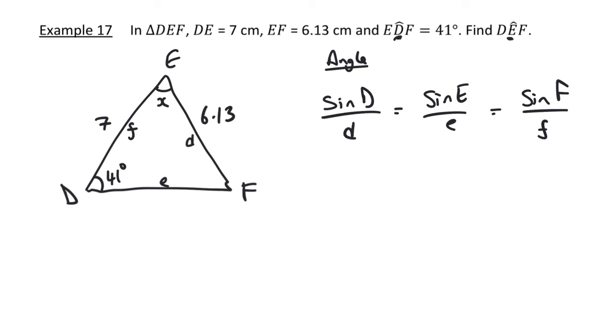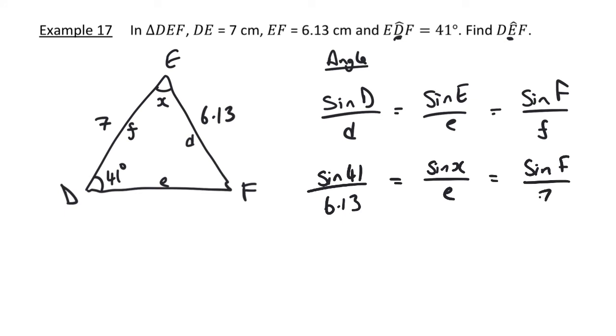So filling in our information, we've got that sine of 41 over 6.13 equals sine x over e equals sine F over 7. So what we have is we don't have enough information at the minute to work out x, and we can't work out side e either.